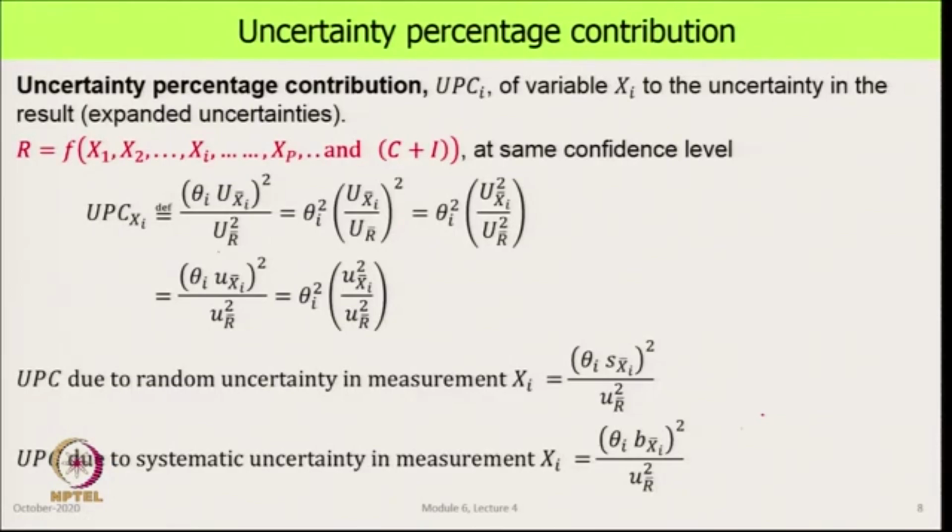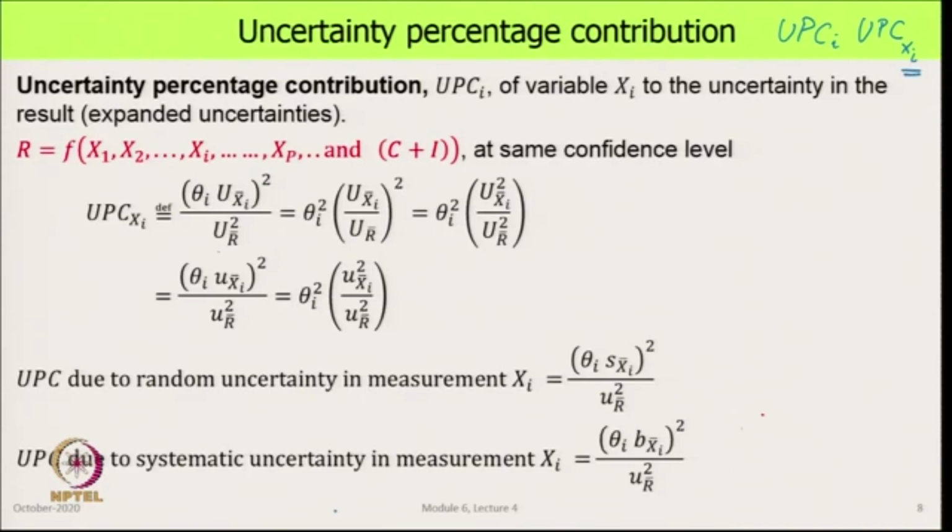Now, we will look at the uncertainty percentage contribution, or UPCI, or sometimes we call it UPCXI. So, this is a number associated with a particular parameter.